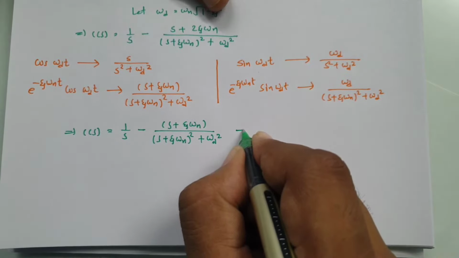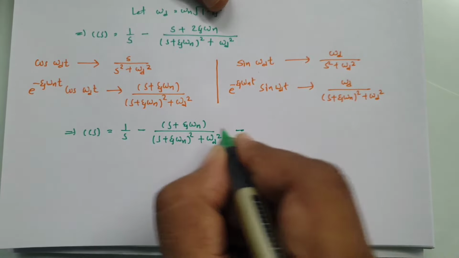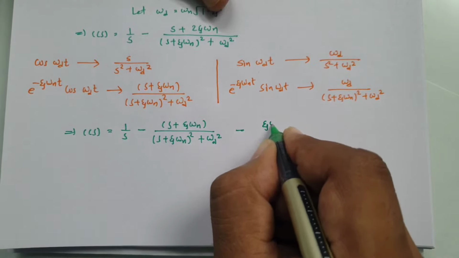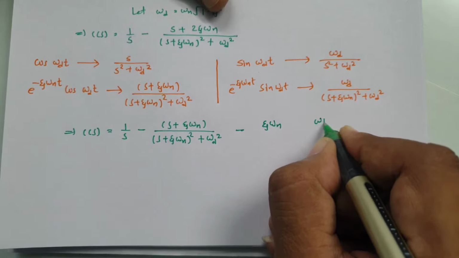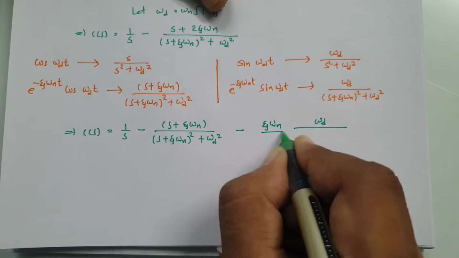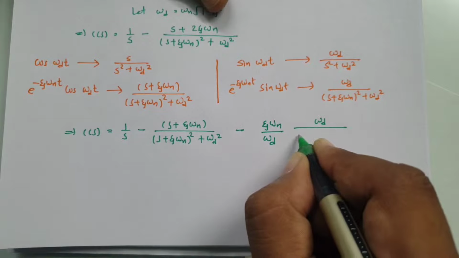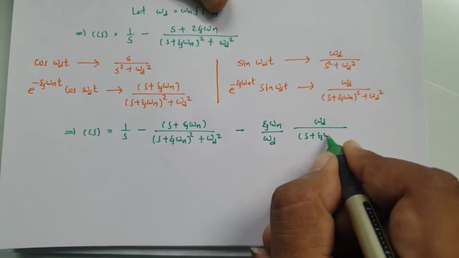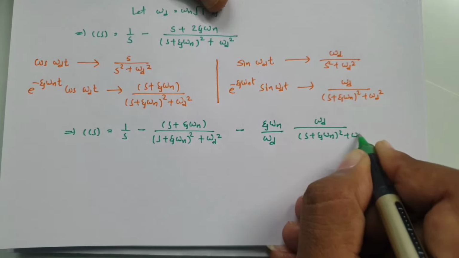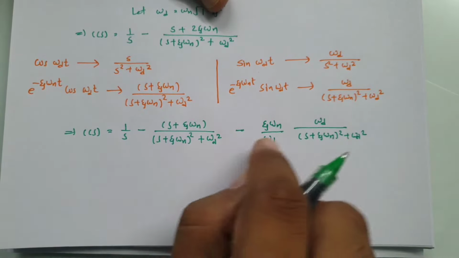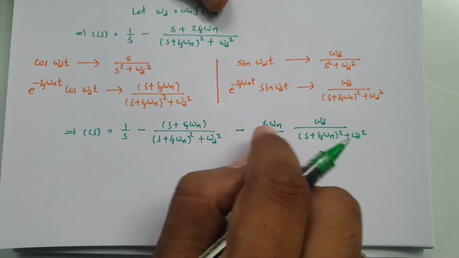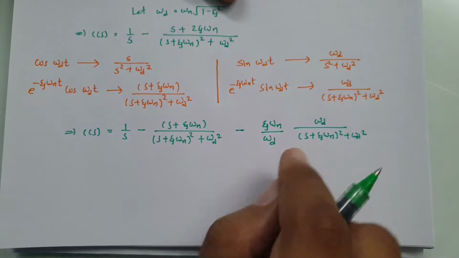Now another minus that I need to do, and zeta omega n that I am having over here, right? And I'll be multiplying omega d and dividing omega d into s plus zeta omega n whole square plus omega d square. So you see this omega d will get cancelled and this will be 2 zeta omega n over here, right?